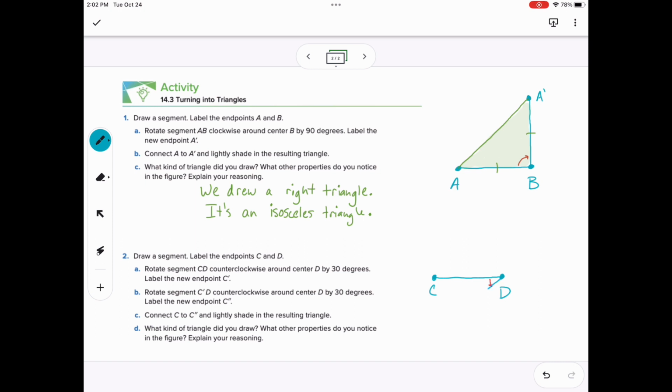So we're just approximately making 30 degrees. Not super exact here, but that kind of looks like 30 degrees. And so we say C prime.